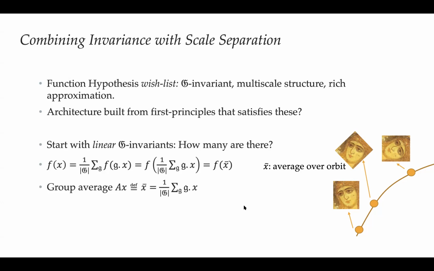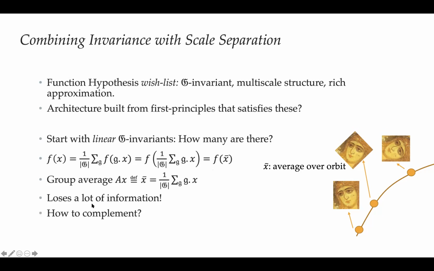The orbit of the translation group over an image would consist of all the possible translations of the image, so the only thing that remains is just the image average, like the RGB values. And so the group average here is an important object that basically is the only linear operator that is invariant.